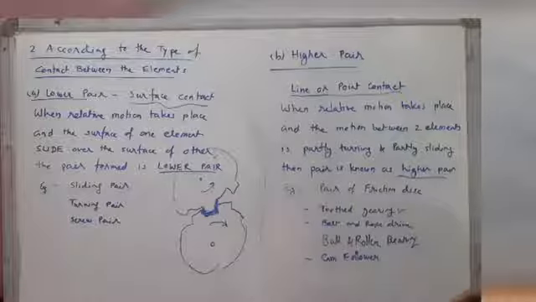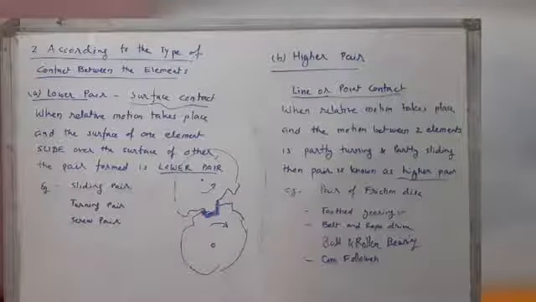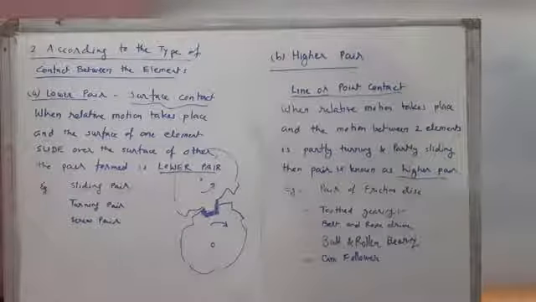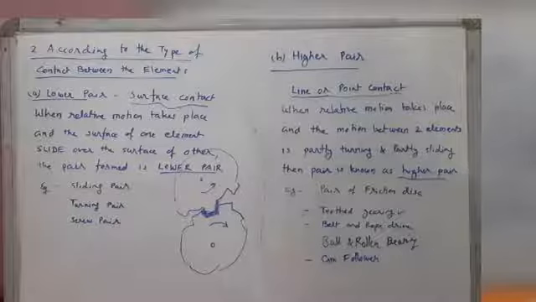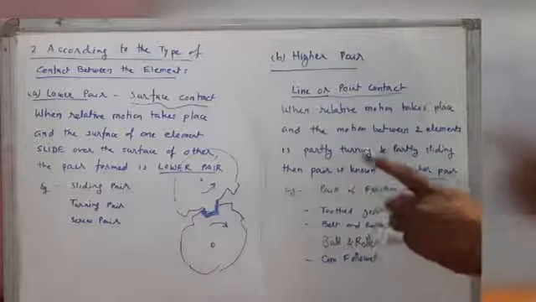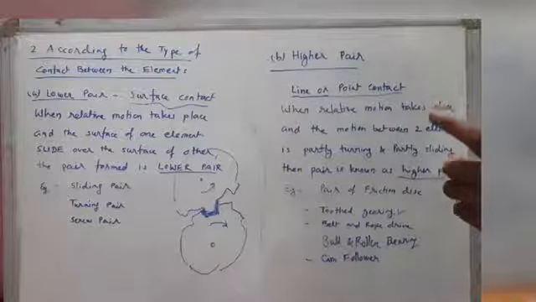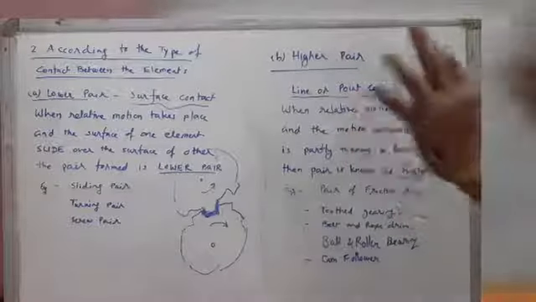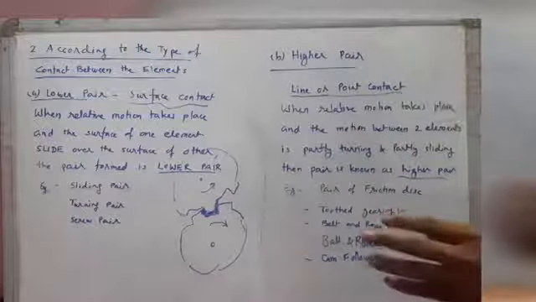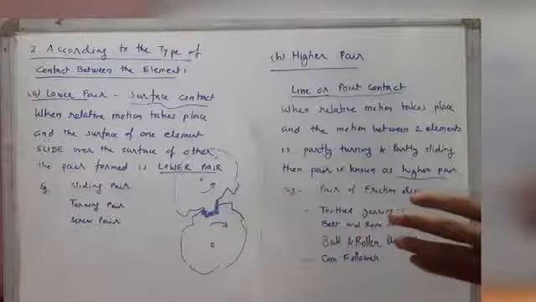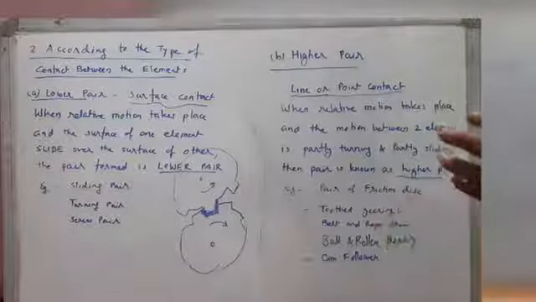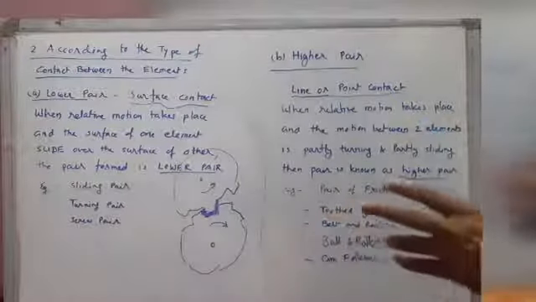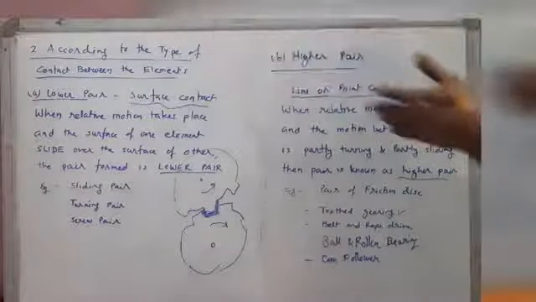So we have seen today that kinematic pairs can be classified according to the type of relative motion between the elements: sliding pair, turning pair, rolling pair, screw pair and spherical pair. The second classification is according to the type of contact between the elements, lower pair and higher pair.